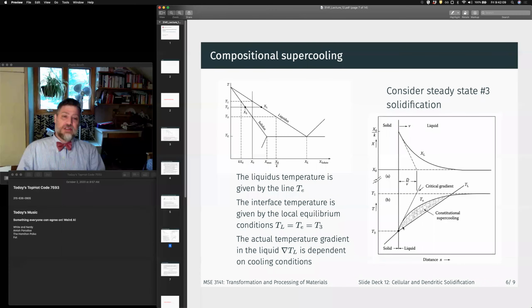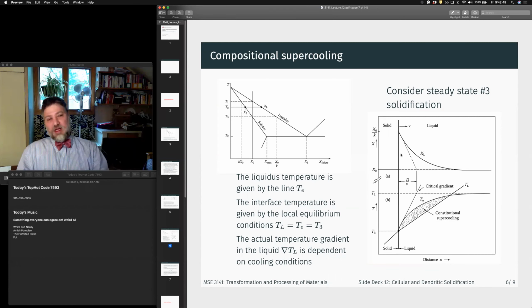If this were a pure substance, this would be a stable planar growth front. Anytime we made a little protrusion on the interface, it would slow down because there'd be less effective heat transfer. We would make the gradient in the liquid steeper and the gradient in the solid shallower, so there would be less heat flowing through the solid at that region, and the rest of the interface would catch up.